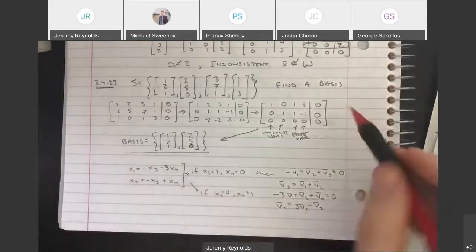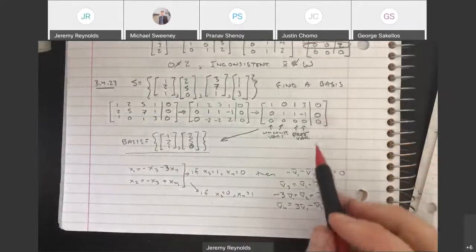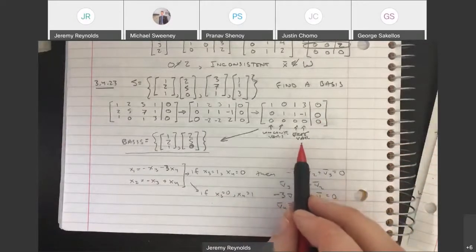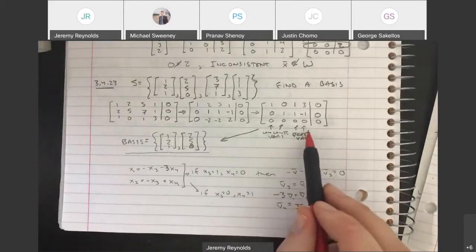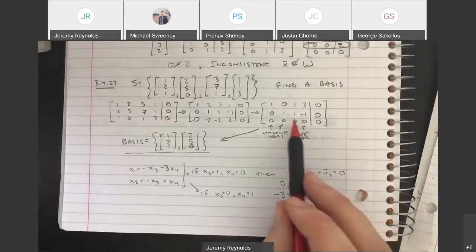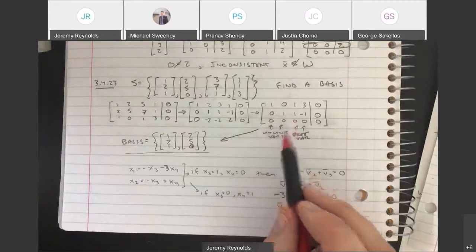So when you have free variables, the vectors associated with those free variables are always going to be combinations of the constrained ones.